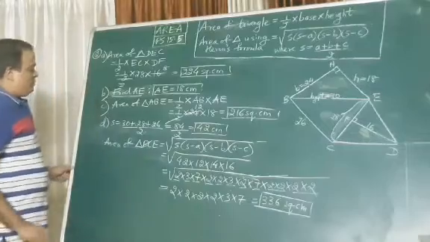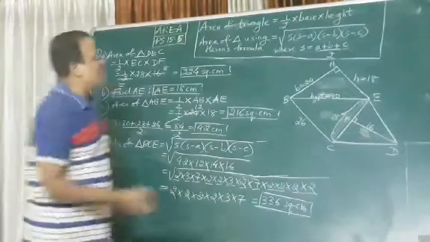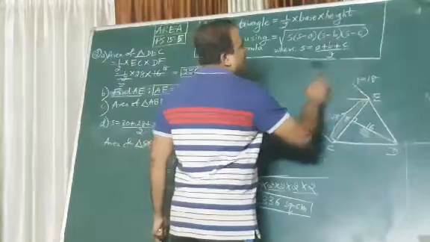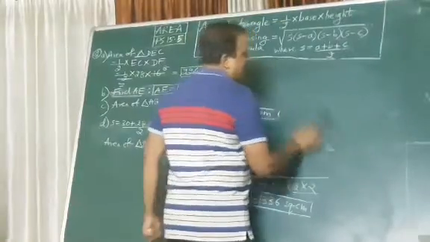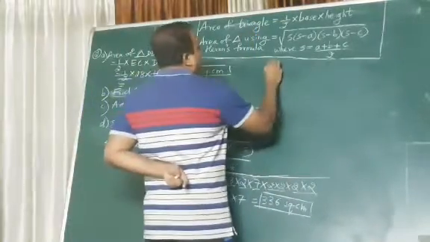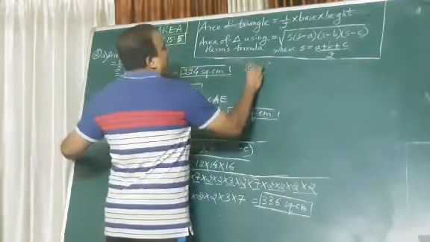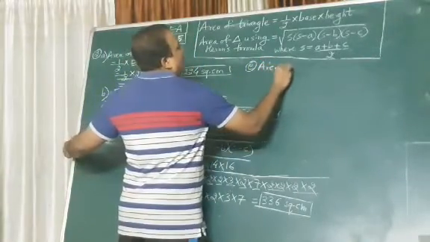Clear? So finally, I'll just rub this off. Finally, I'll add the areas of all the 3 triangles. No, I have to find the area of the full plot. So finally the D part is done, I come to the E part. So I'll say area of the plot.